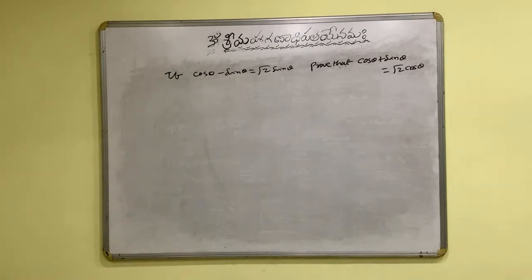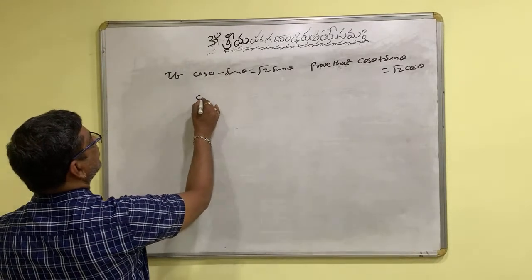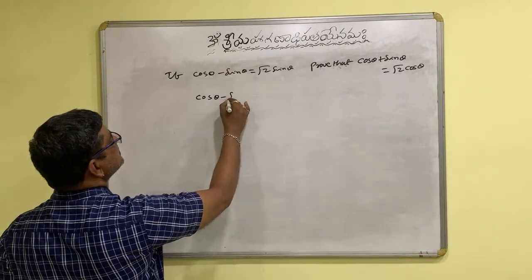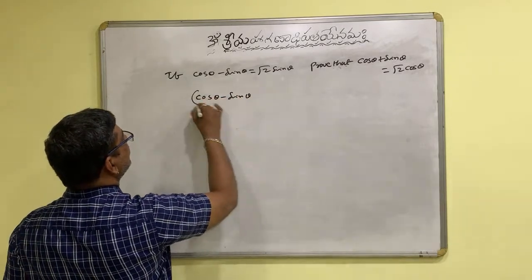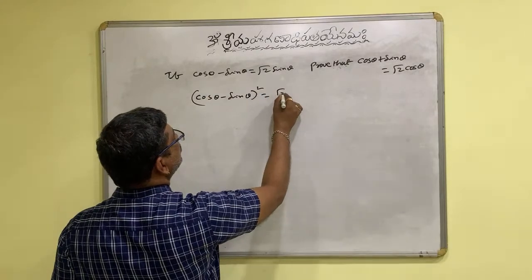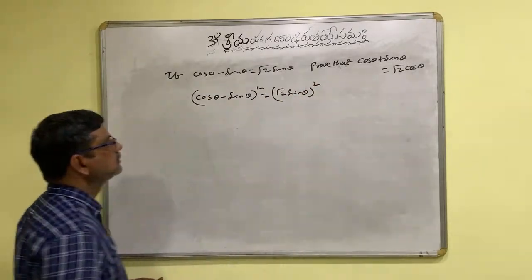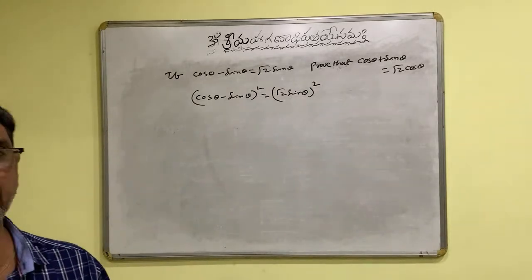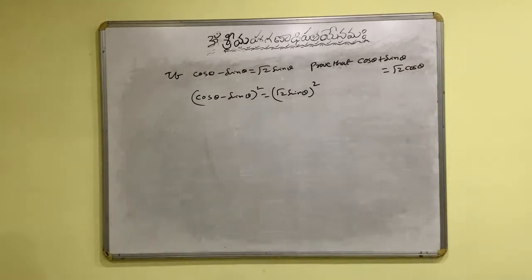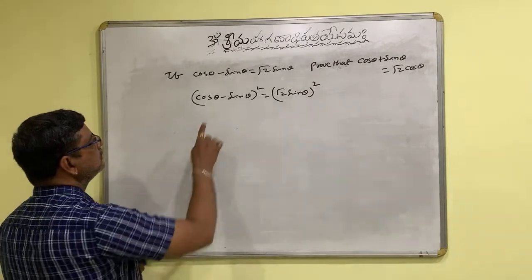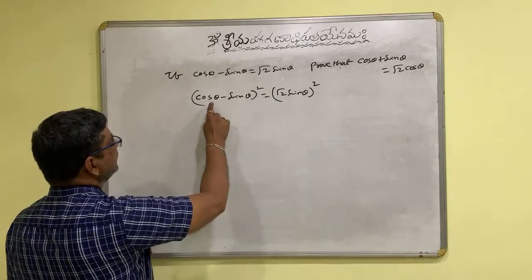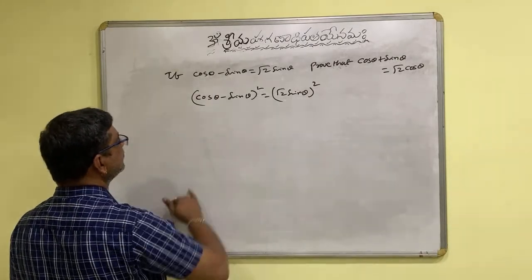I'll do one thing. I'll take cos theta minus sin theta whole square is equal to root 2 sin theta whole square. I'll do it squaring on both sides. Okay? Now, this is in the form of a minus b whole square.